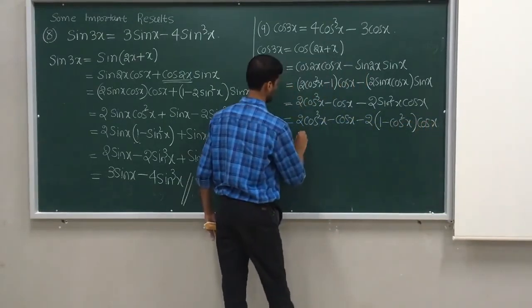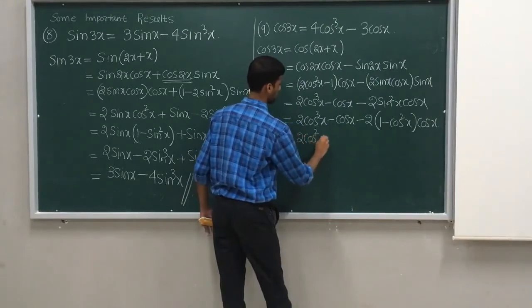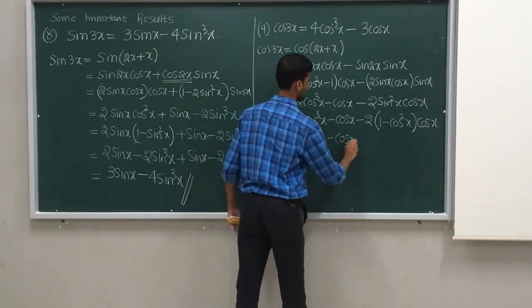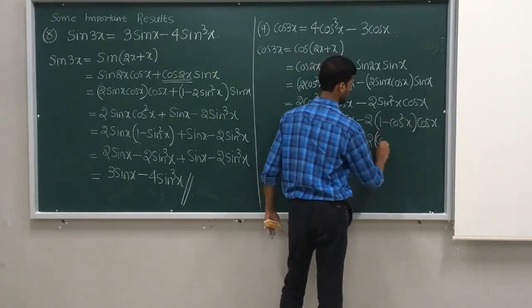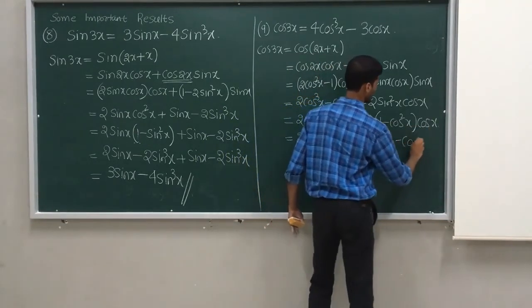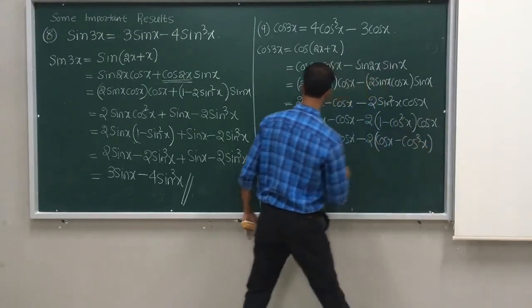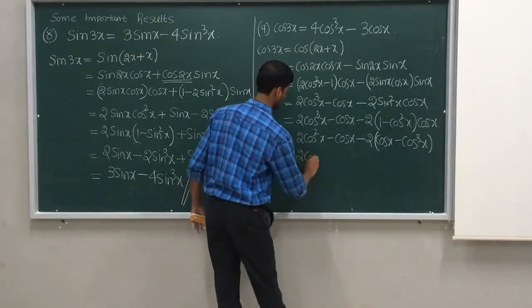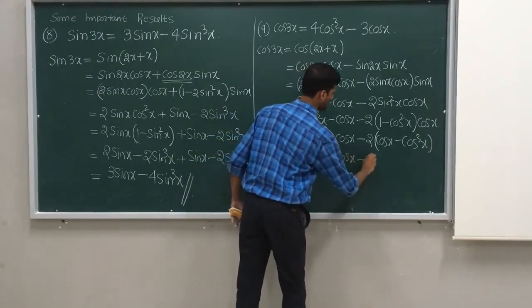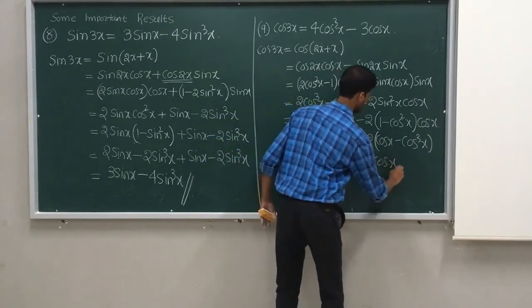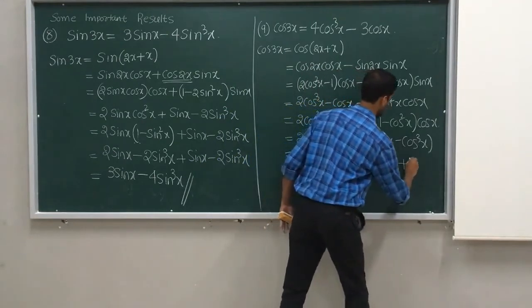So simply simplify this expression, I guess you will get the track to follow. Minus 2 as it is, bring it inside, it is cos x, then cos cube x. Then you take 2 cos cube x minus cos x minus 2 cos x, and minus becomes plus 2 cos cube x.